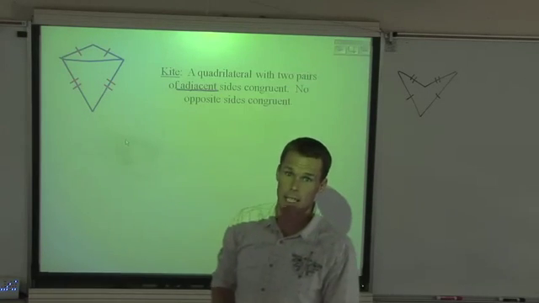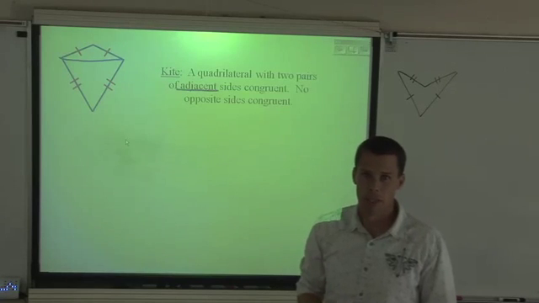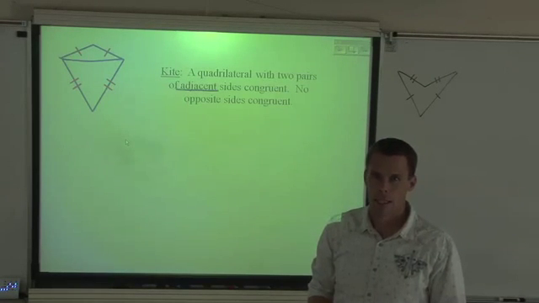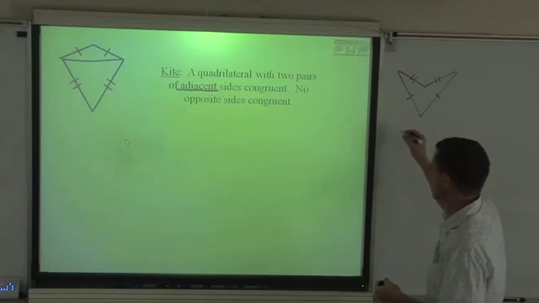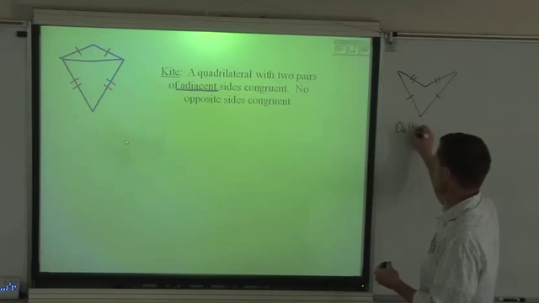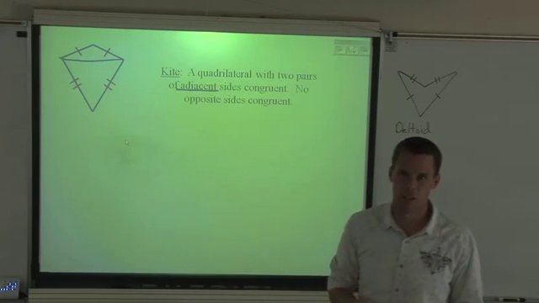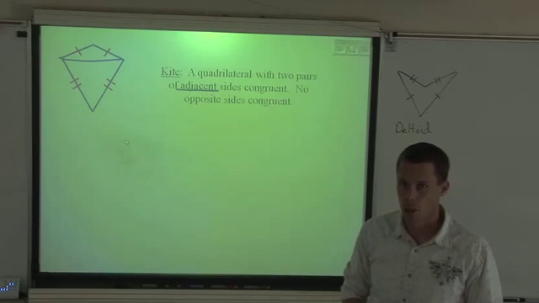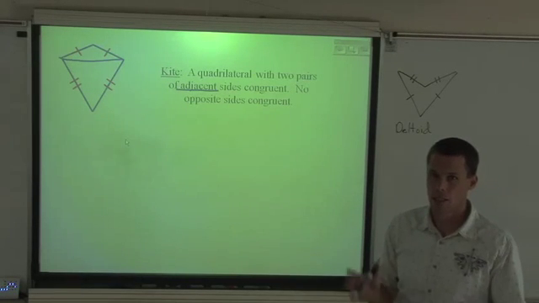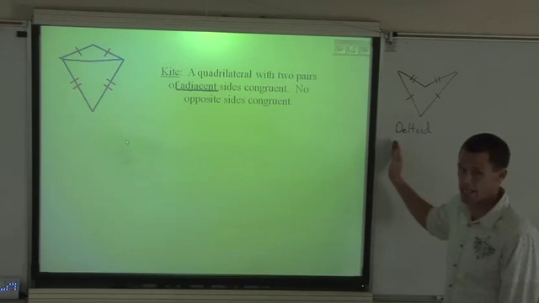This still technically meets the definition of a kite, and we must call it a kite, but this is a special kite, and because it's concave versus convex, this one has a special name, deltoid. This might be kind of a bonus for this level to know that name, deltoid. Don't confuse it for any concave quadrilateral. It has to be a concave kite.